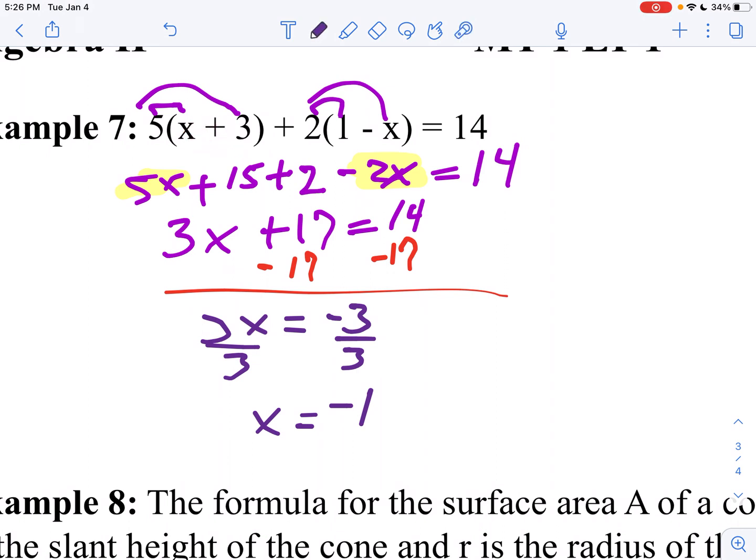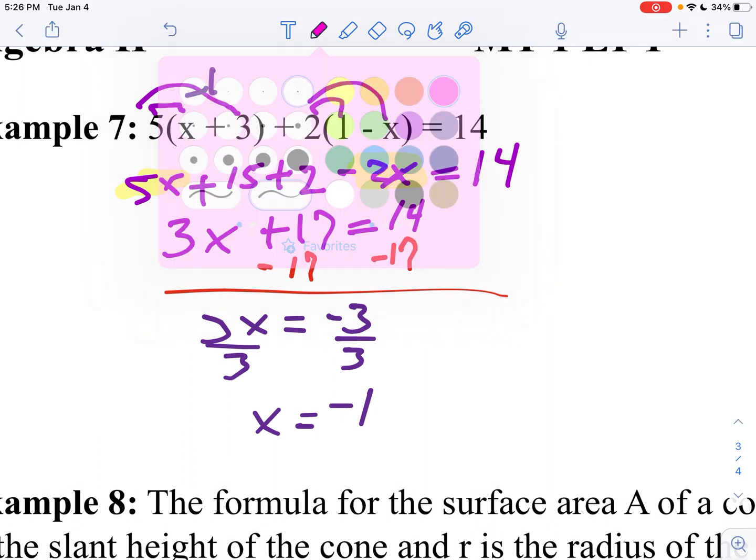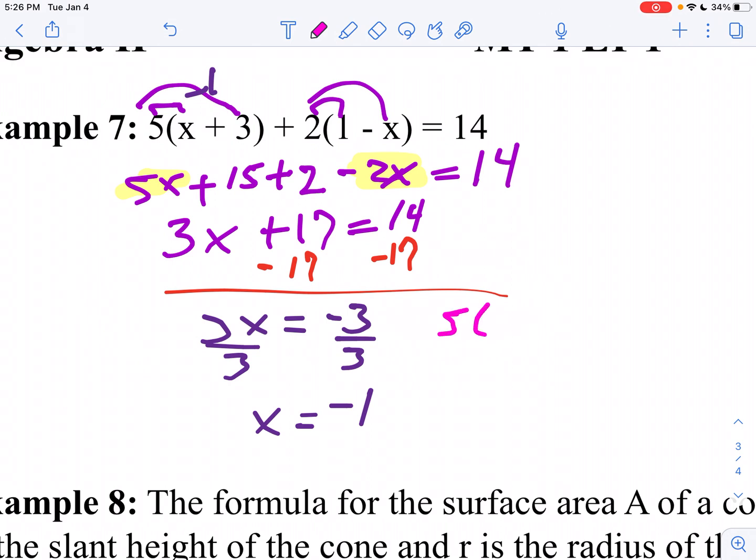So if I put negative 1 back in, I've got 5. Let me change pen colors here so you can see the difference. So 5 times negative 1 plus 3 plus 2 times 1 minus a negative 1. Does that equal 14? Well, let's find out.